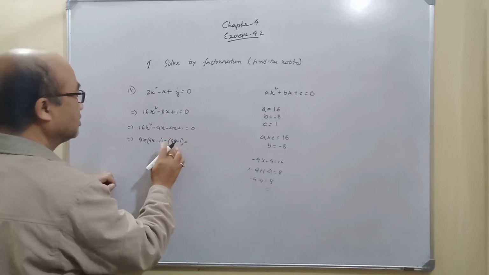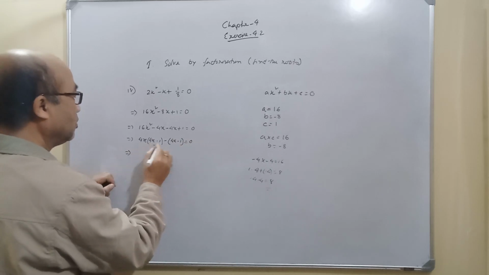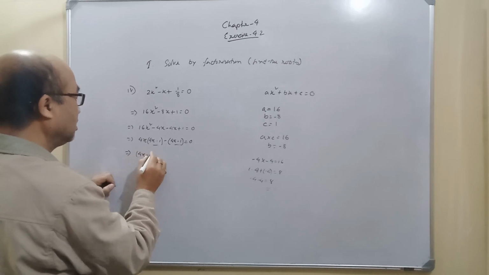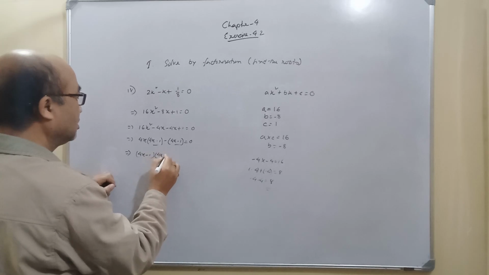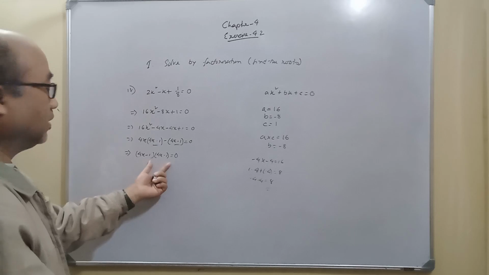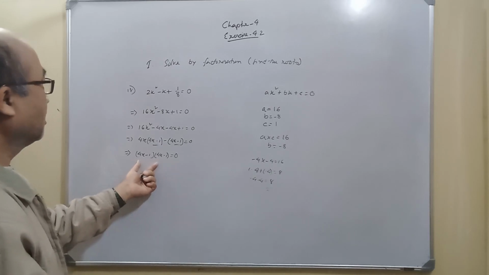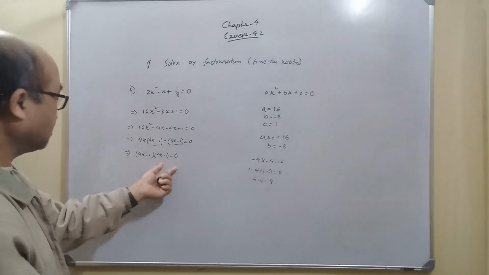Plus becomes minus when I put the bracket, is equal to 0. 4x minus 1 is common, so 4x minus 1 and 4x minus 1 is equal to 0. Both factors are equal.